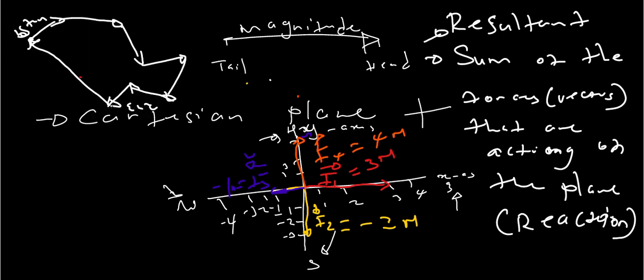So we call this a resultant. This is the shortcut, the sum of the forces.